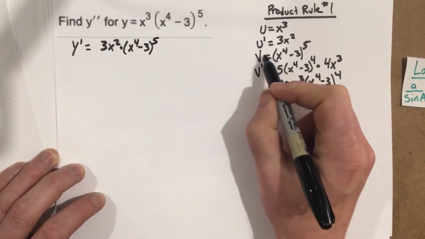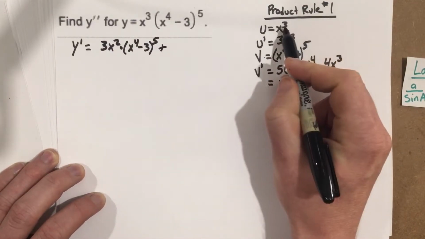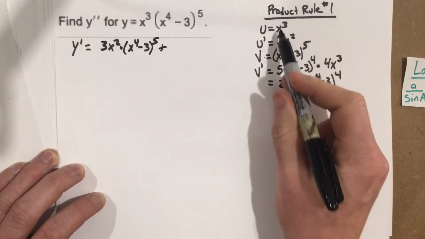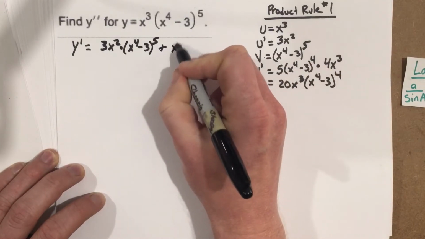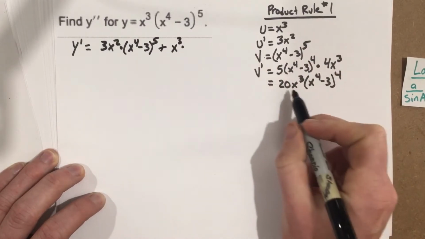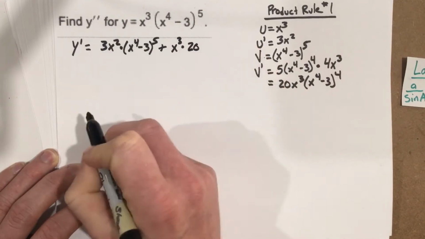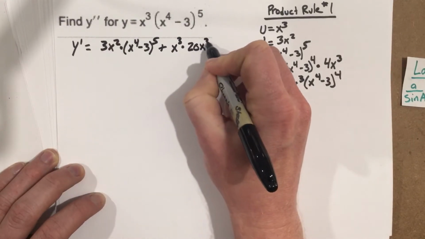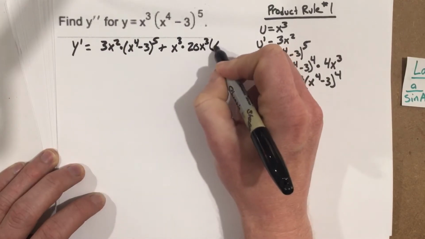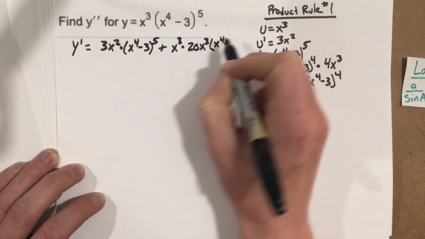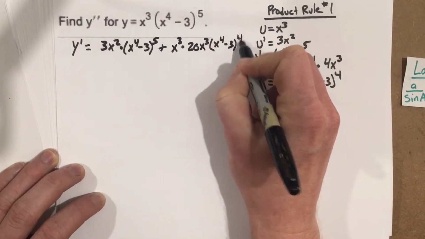That's u prime times v, plus, now we're going to do the outside, u times v prime, so that's going to be x cubed times this bottom, which is 20x to the third times (x to the fourth minus 3) to the fourth.